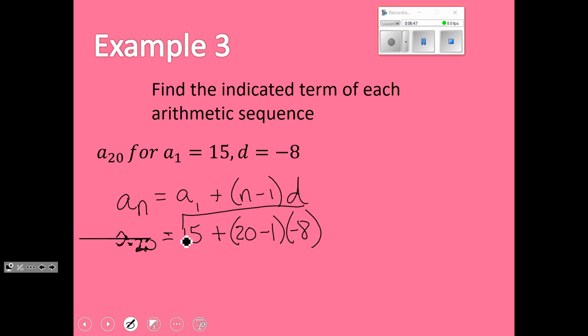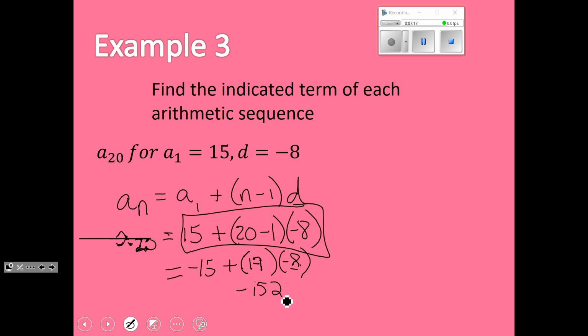Again, you can put this all in your calculator, all in one big shebang. Or if you work by hand, you do your parentheses first. So that would be 19 times negative 8. And so 19 times negative 8 is negative 152.